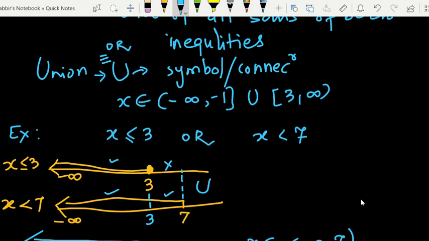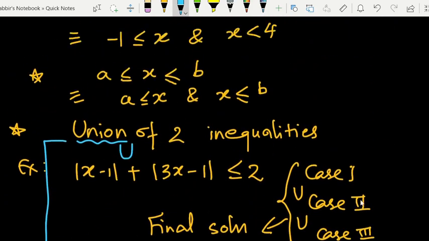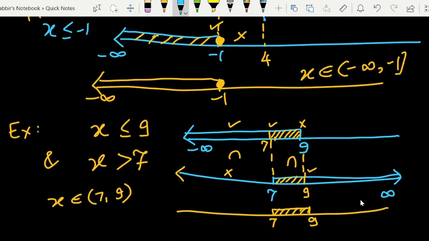We can take some previous examples and take their union. Let's start with this.